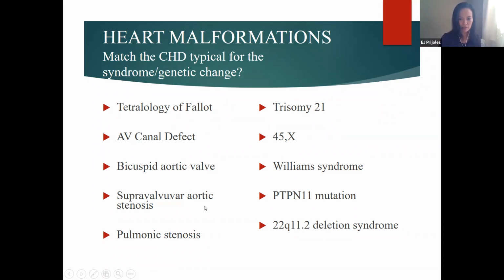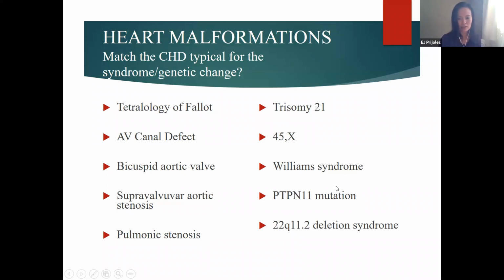Supravalvular aortic stenosis. Williams. Great. And that is caused by microdeletion on chromosome 7. And then pulmonic stenosis. It leaves you with this one.